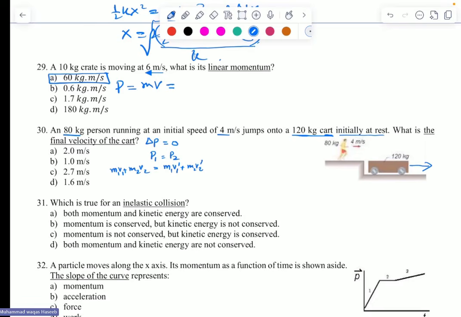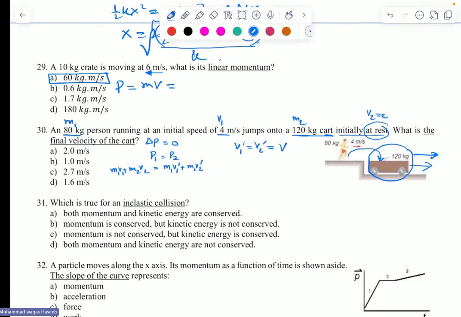Now, we have m1, we have v1, we have m2, and it is at rest, which means v2 is 0. And then the person jumps onto the cart, and they move with a single velocity. So in that case, v1 prime equals v2 prime equals v.